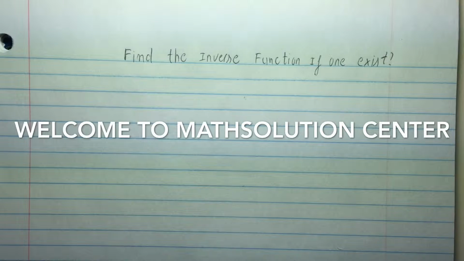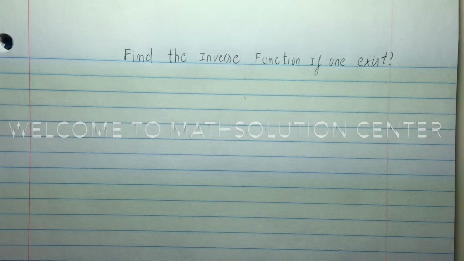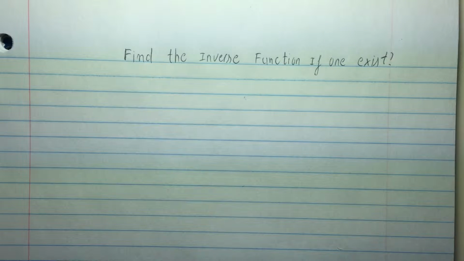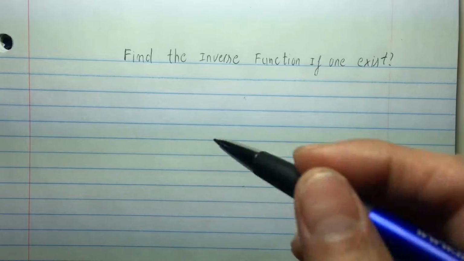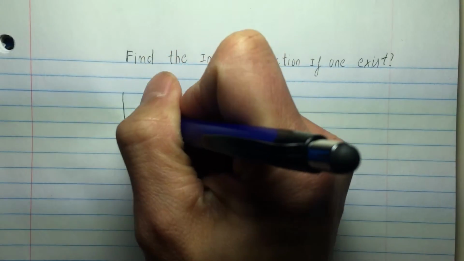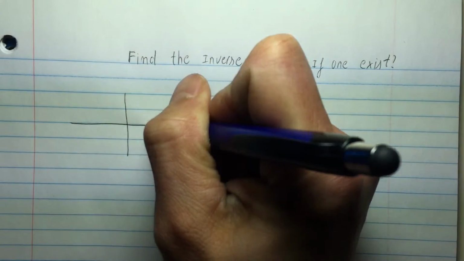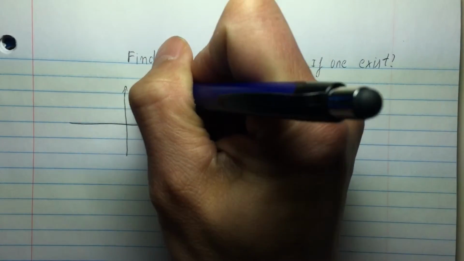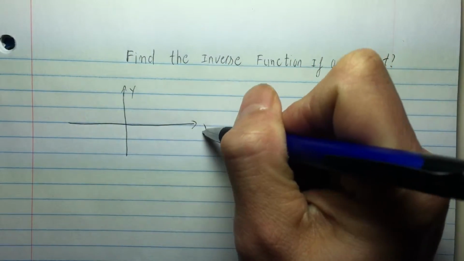Hello everyone, in this video I'm going to show how to find the inverse function of a function, if one exists. The function has an inverse function if it is one-to-one. Let me show you. I draw the graph. This is y, this is x.